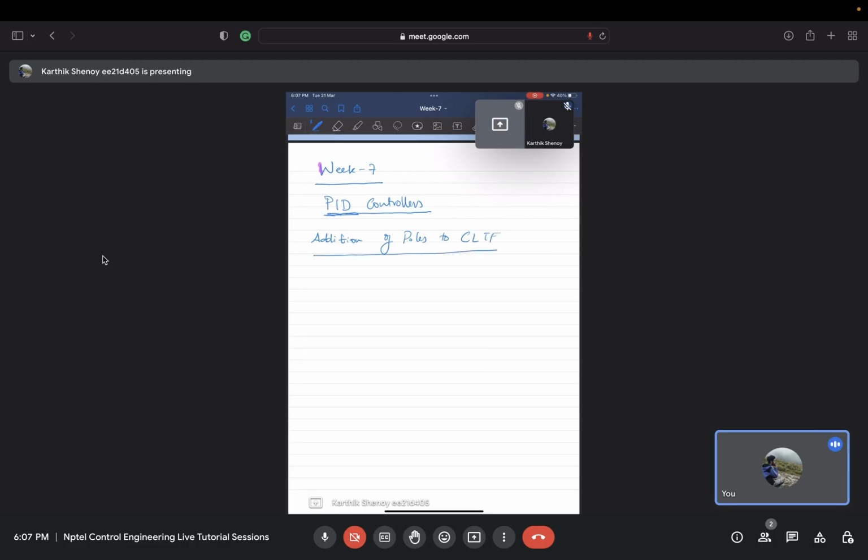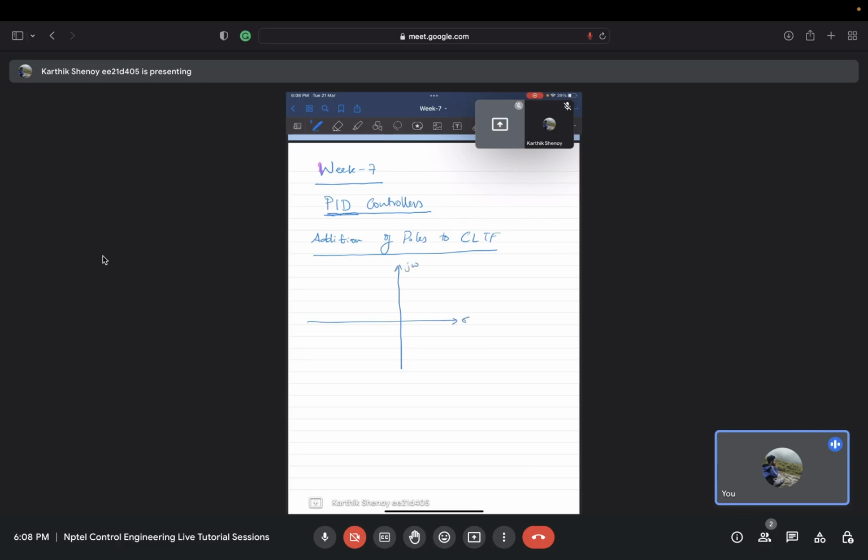Let's say you have a system with poles, this is the real and the imaginary axis.